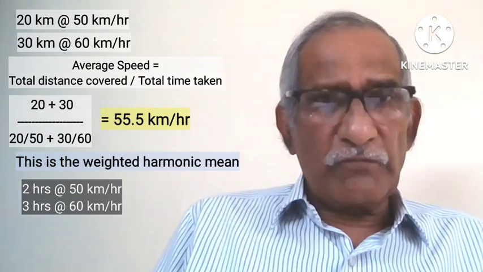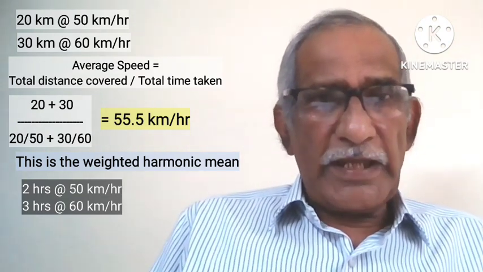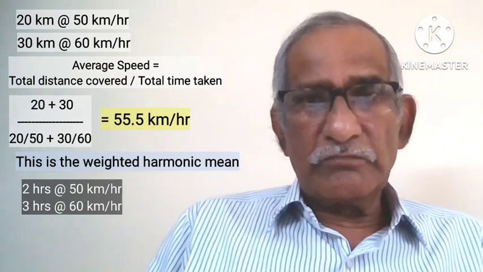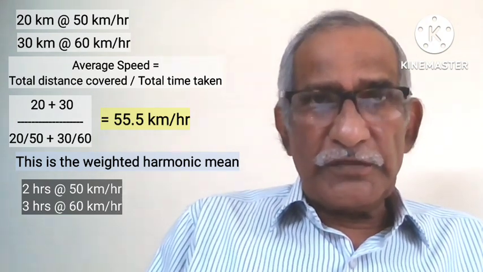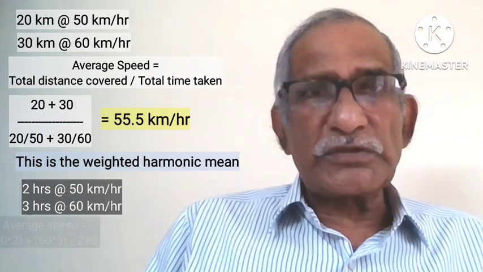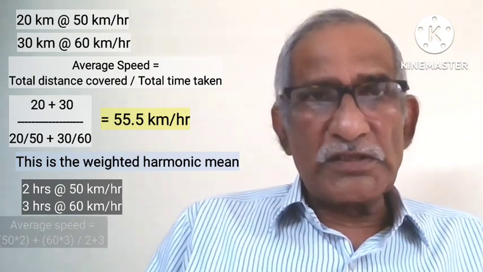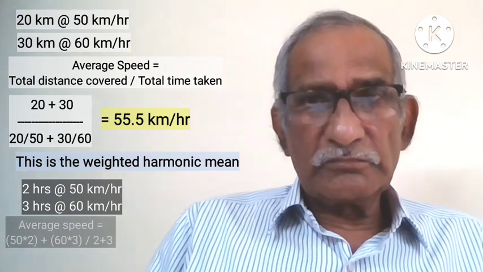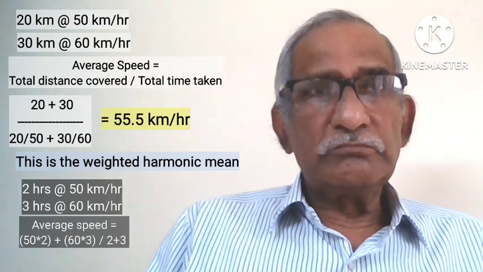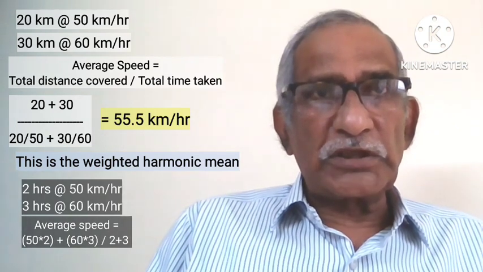So using this formula, the average speed in this case would be 2 into 50 plus 3 into 60. This is the total distance covered. Divided by 5. This is the total time taken.